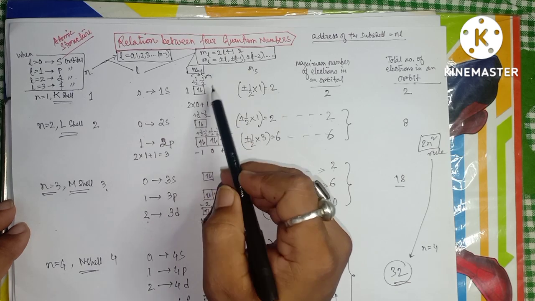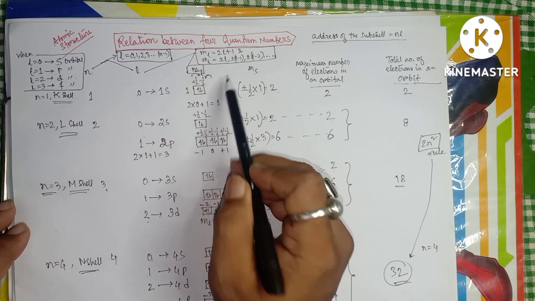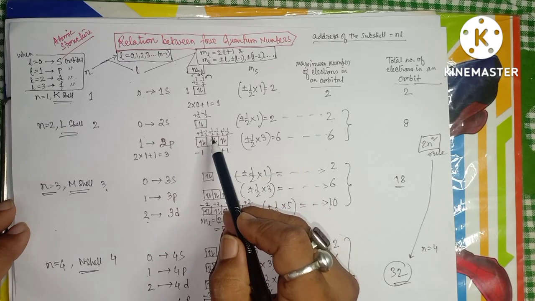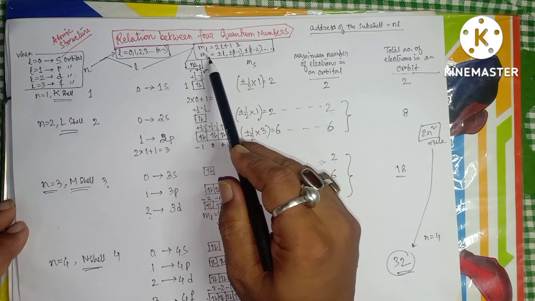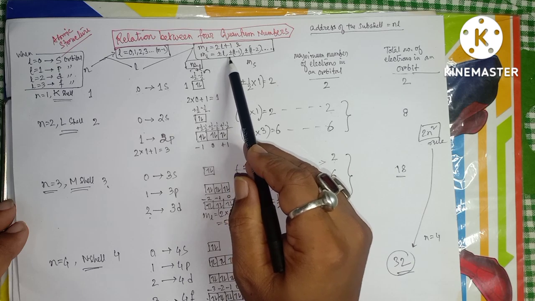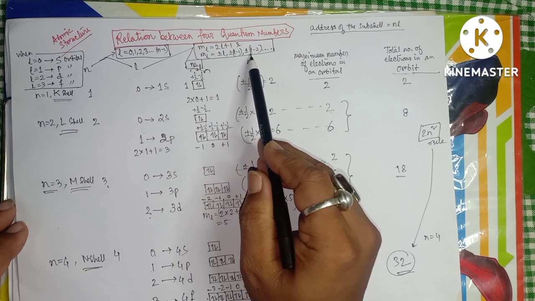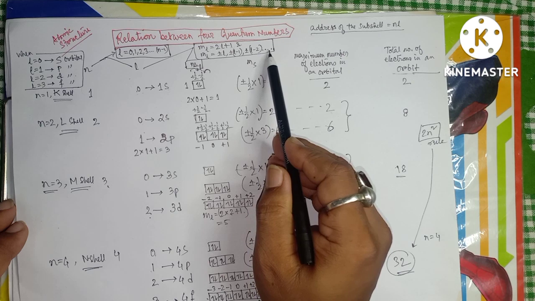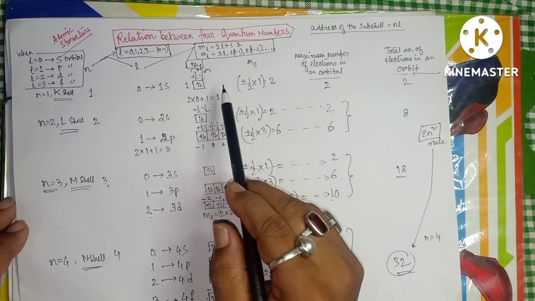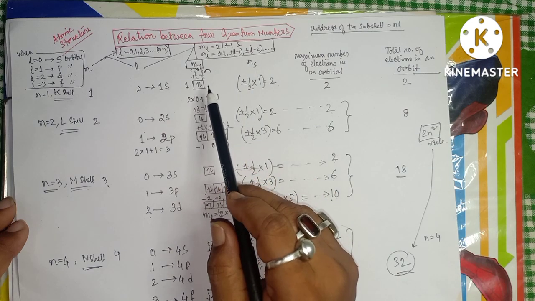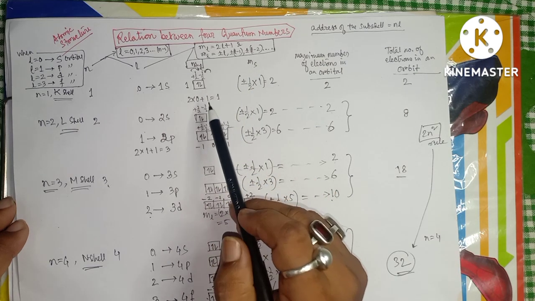That means how many rooms are present in an orbital. The last relation: ml is equal to plus minus l, plus minus l minus 1, plus minus l minus 2, up to l equal to 0. This relation represents how many rooms, how many suborbitals, may be present in an orbital.